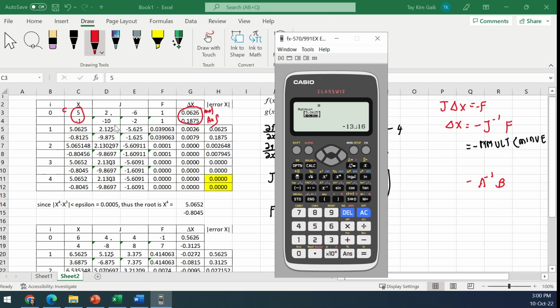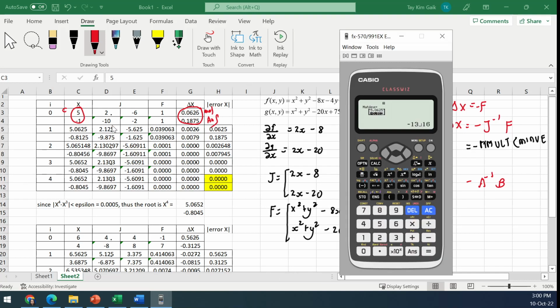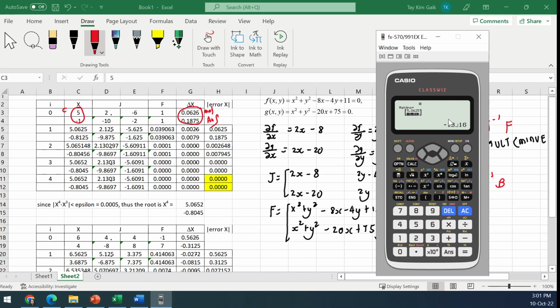Since you deal with everything in matrix, how do you calculate this one? Because if you want to get this value, if you do it in your Jacobian, you don't know this value, right? You have to calculate 2x minus 8. But in matrix mode, let's say option, I want to edit matrix is number 2. Jacobian we store in matrix A. Unless you use another calculator to calculate and you know this value.